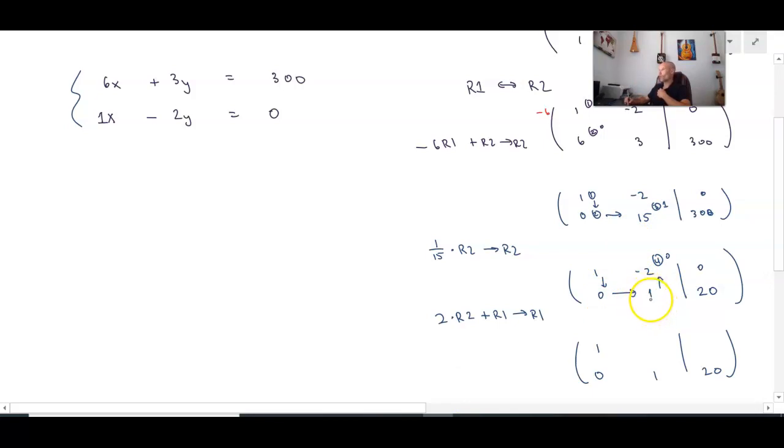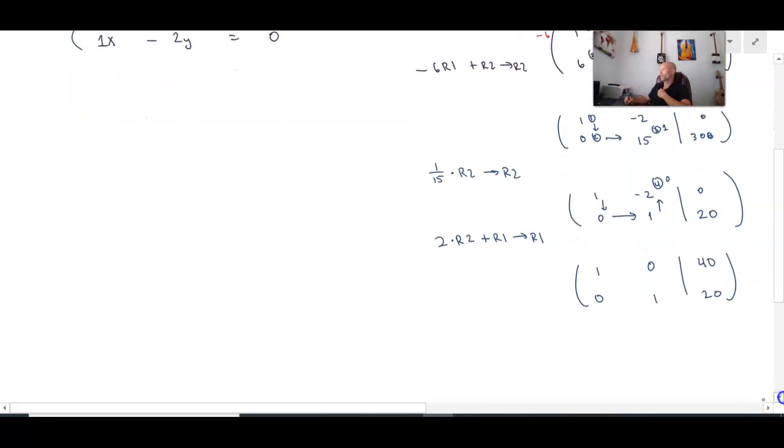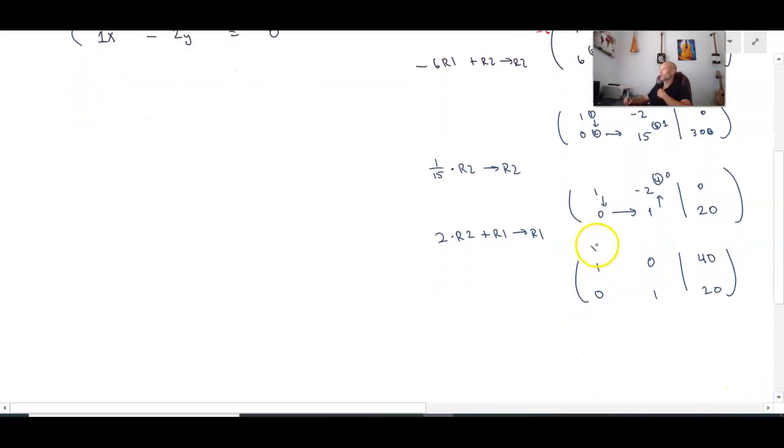So 2 times 1 plus -2 is 2 minus 2 is 0. 2 times 20 is 40. Plus 0 is still 40, and we're done. Once again, we just operated on the coefficients of x and y, and we changed the constants.